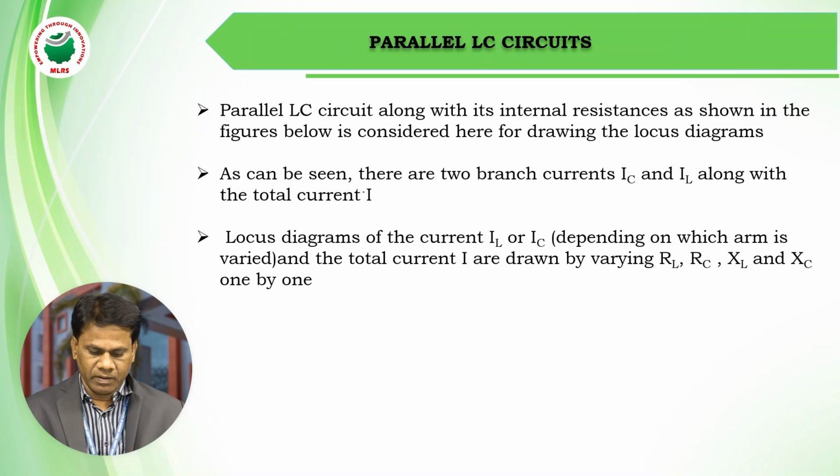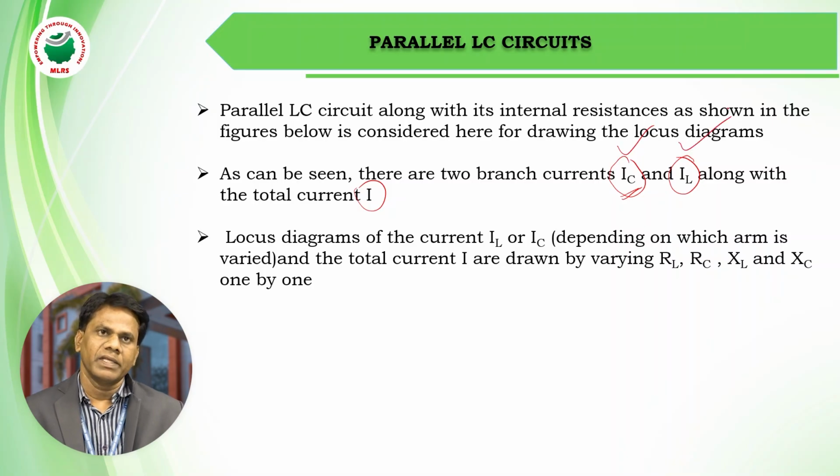As can be seen, there are two branch currents. As I said, the total current I from the alternating voltage source V is divided at a junction point. This is the current through the capacitance, and this is the current through the inductance. So the total current is divided into two currents, IC and IL, in two branches.